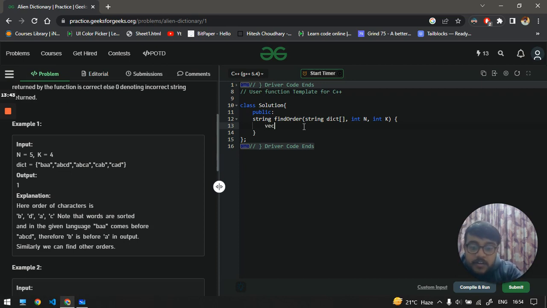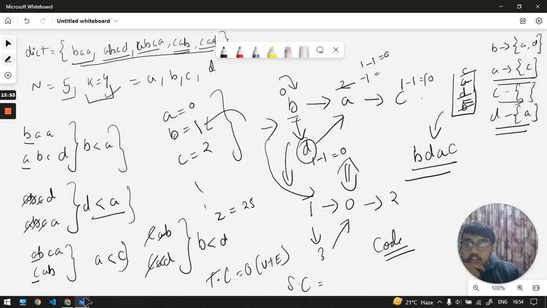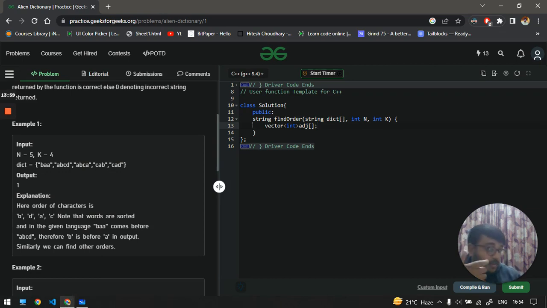So vector of vector int adj, and its size, as I can see there are only 4 vertices, is given by k, the number of vertices. Now I'll traverse the dictionary array: i equals 0, i less than n, where n is the number of words, i plus plus.